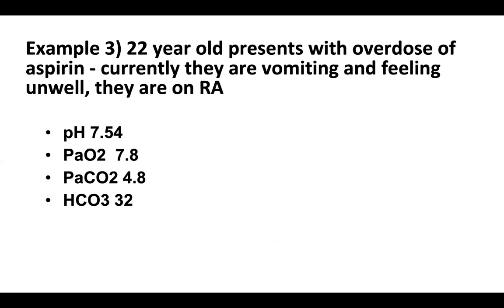Going to example 3. We've got a young patient that presents with an overdose of aspirin, and they're currently vomiting quite a lot, feeling really unwell, and they have no oxygen requirement. So their pH is 7.54. Is that normal, low, or high? So it's an alkalosis.